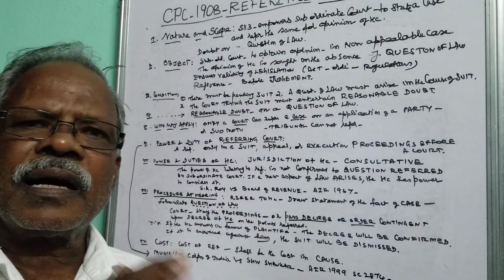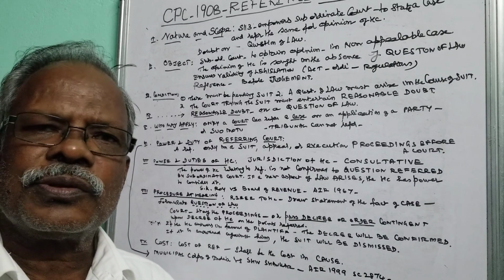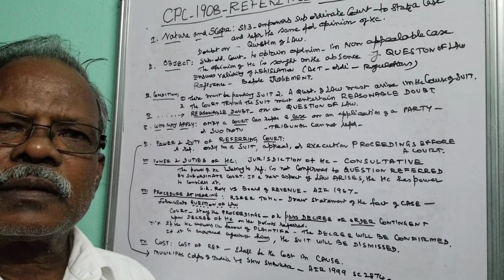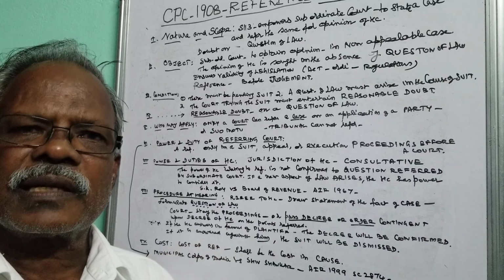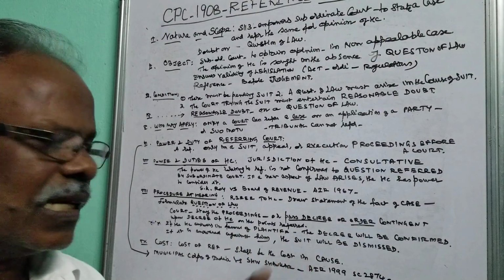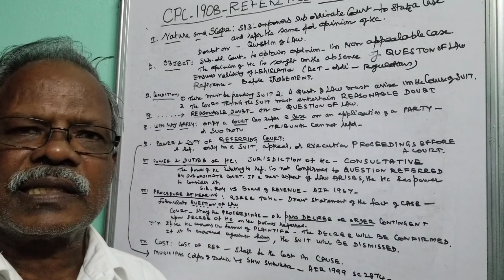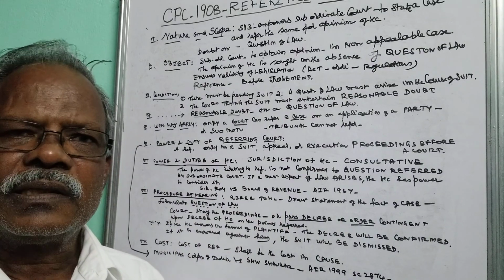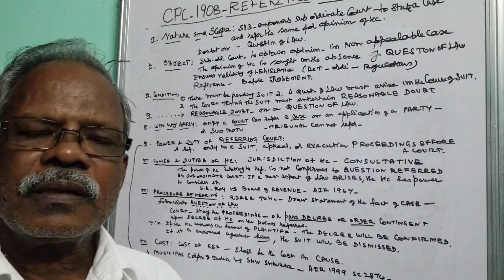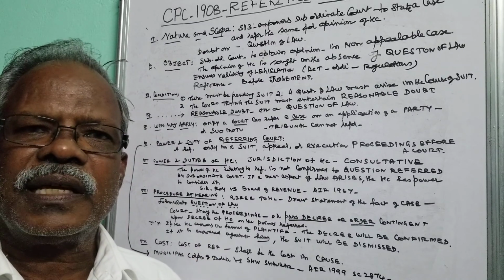That means the unsuccessful party has to pay the cost of the case, including the lawyer's charges. So naturally the reference cost is included in the cost of the cause. That is, the unsuccessful party shall bear the cost of the case expenditure, and the successful party may get the cost of the case.